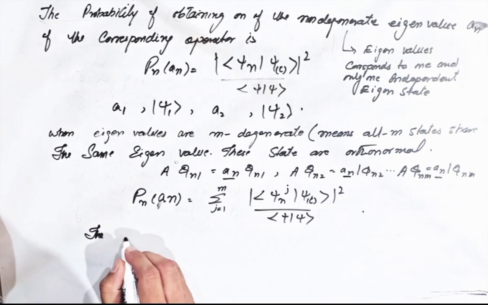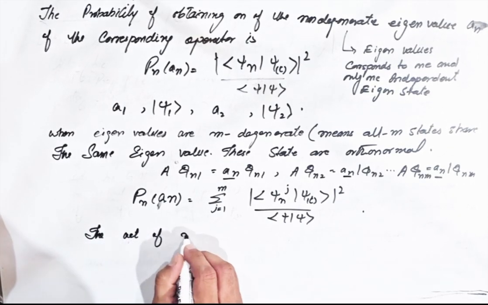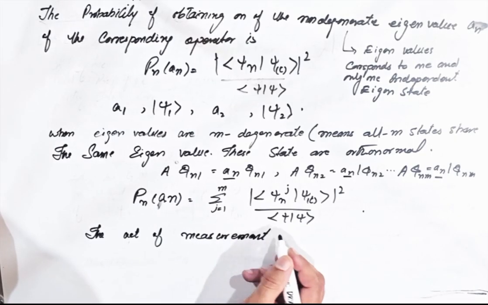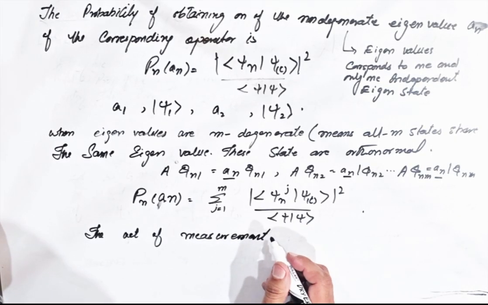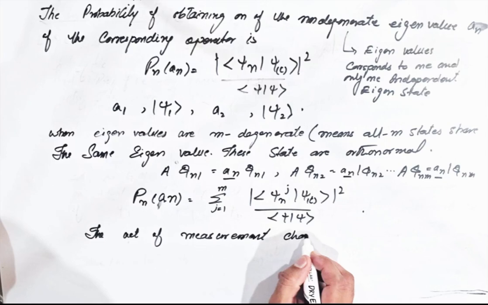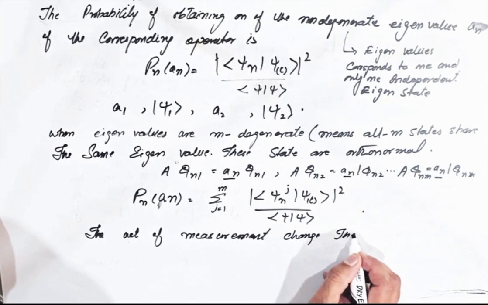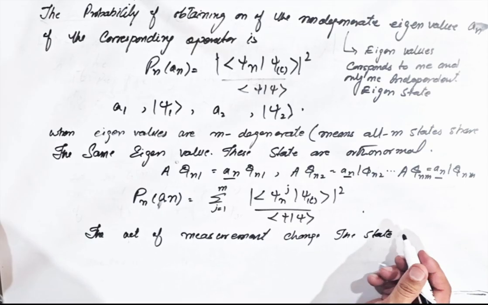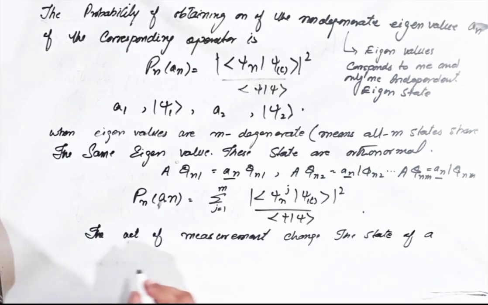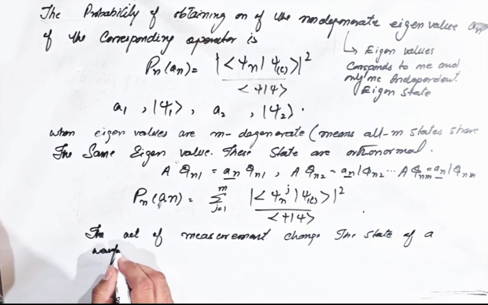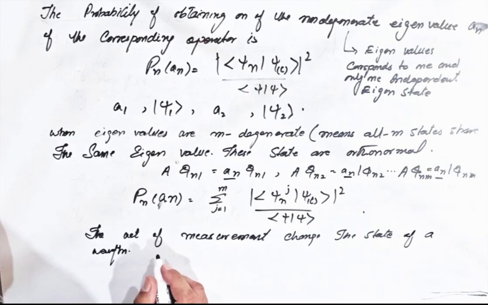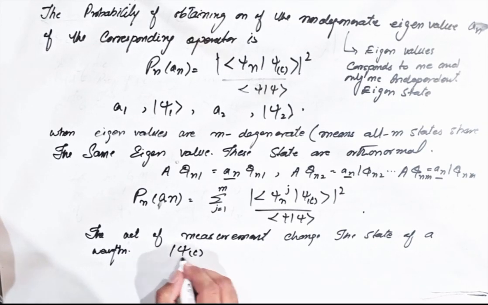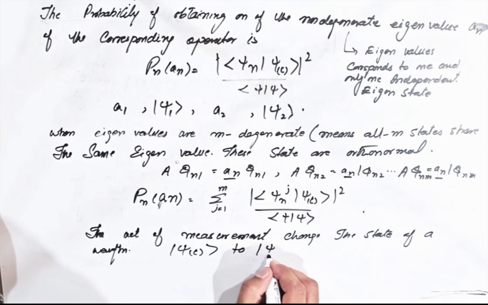The act of measurement changes the state of a wave function, that is from psi of t to psi n.